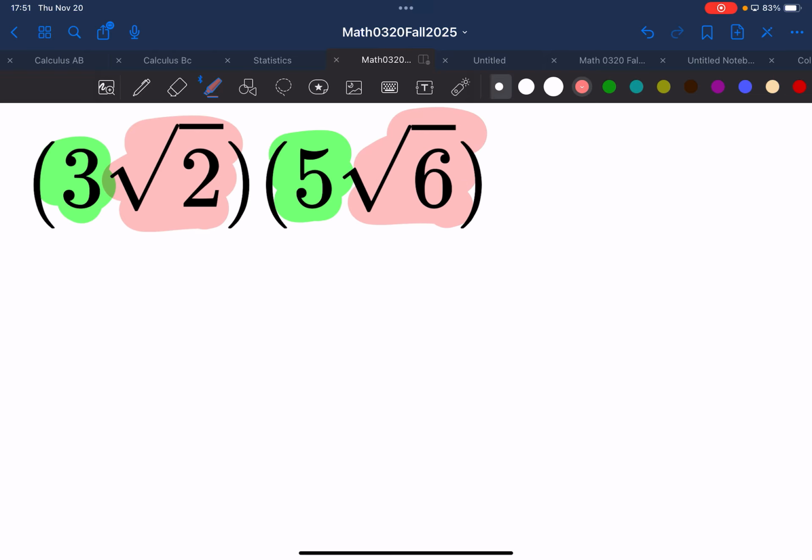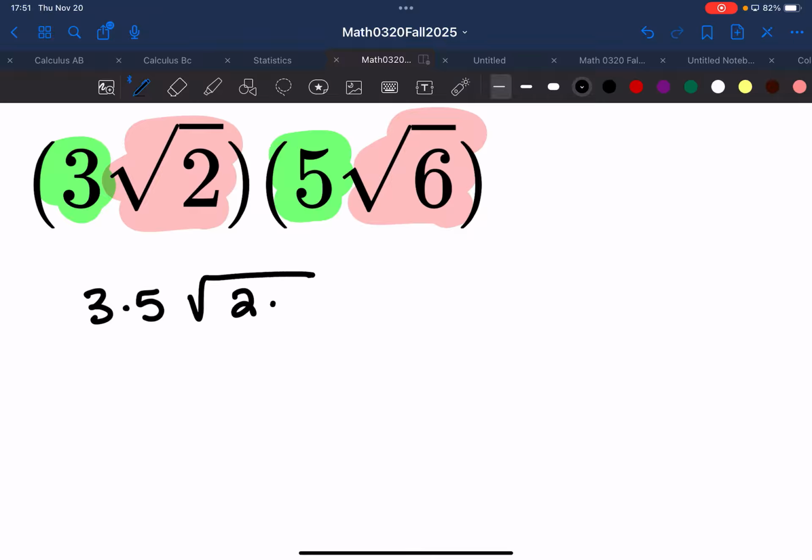That means that only the numbers that are similar, like the coefficients or the radicals, are the numbers we're multiplying together. So for example, this means we take 3 times 5. That's going to stay on the outside. And then we do the square root of 2 times 6. Okay, that is going to go inside the radical since originally they were inside the radical.